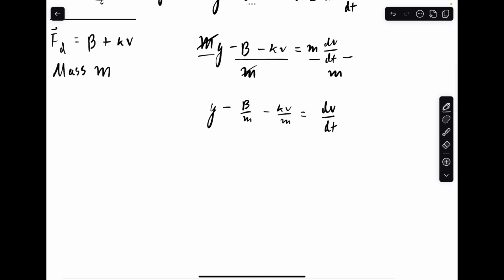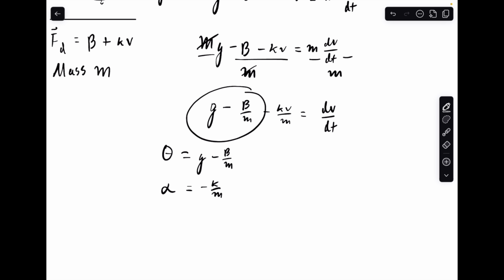So now I'm going to make a substitution. I'm going to let theta equal g minus b over m. And I'm going to let, not beta, let's say alpha equal k over m. And you might be asking, why are you doing that? It's because if we leave this as is right now, the calculus will become very annoying to do. It'll have a lot of symbols that you'll have to keep writing over and over again.